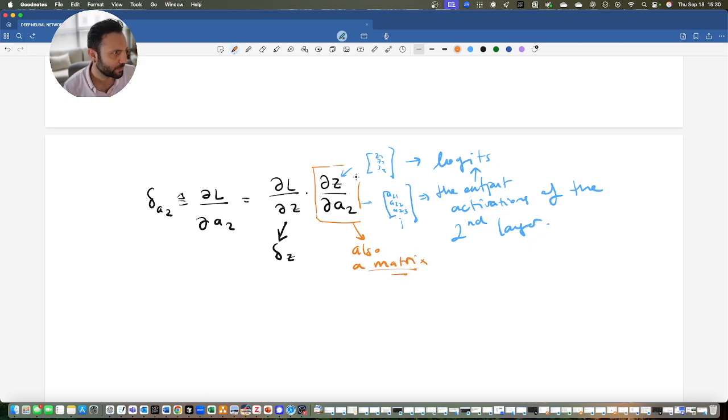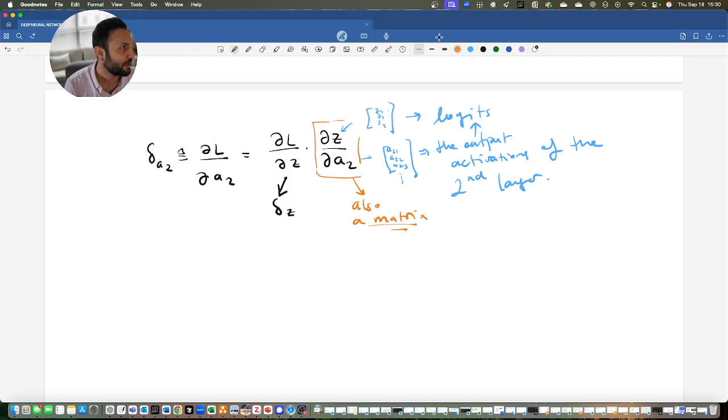Why? Because when I'm calculating each and every one of these z's, I need all of these A outputs through W3. Any of my logits, z of i, is obtained through the row vector that creates it, which takes as input the whole vector A2, and it takes as input b3 of i.